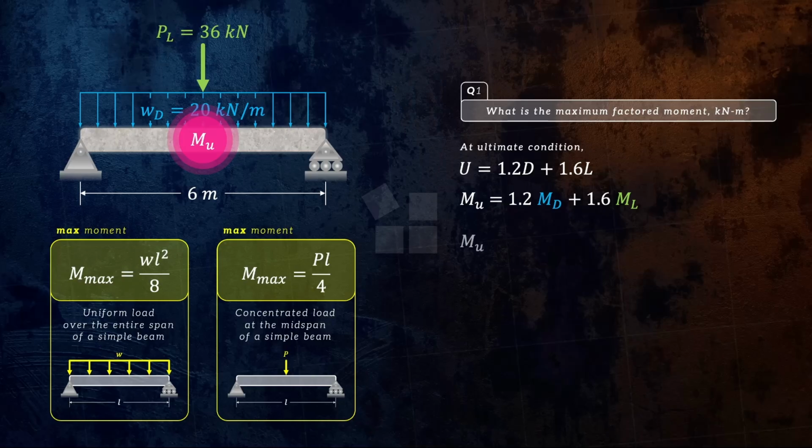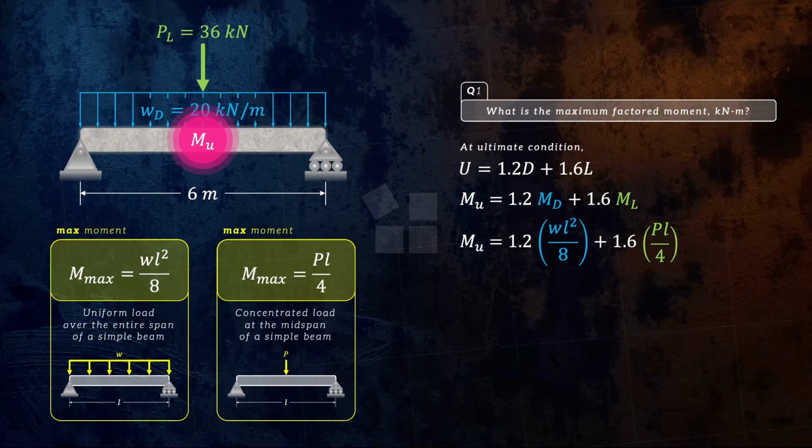Going back, our Mu would then be equal to 1.2 of the maximum moment due to our dead load, which is wL squared over 8, plus 1.6 of the maximum moment due to our live load, which is PL over 4.